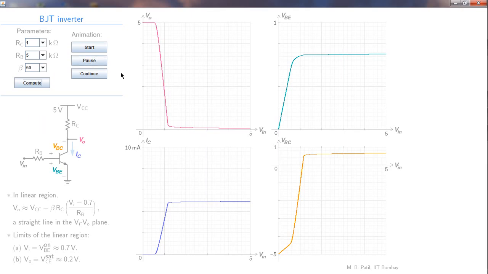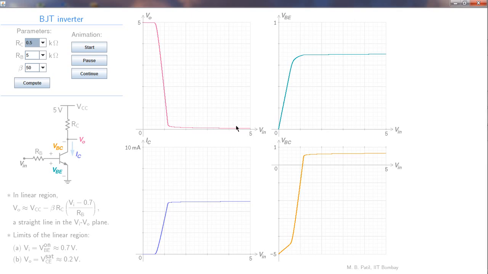Let us now look at the effect of RC, RB and beta on these curves. For example, if we change RC from 1 to 0.5, what do we expect? Will this part change? That will not change, because that depends only on the on voltage of the base emitter diode.